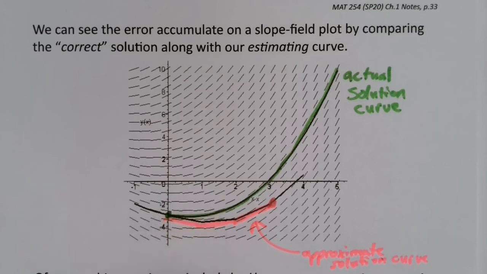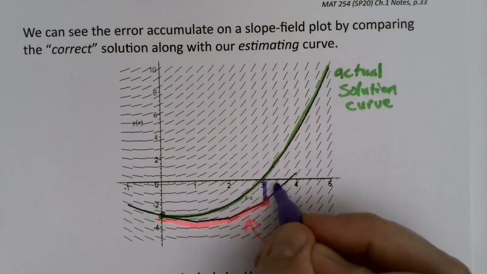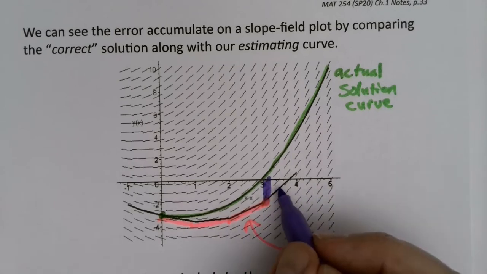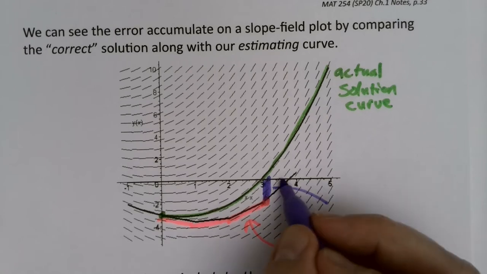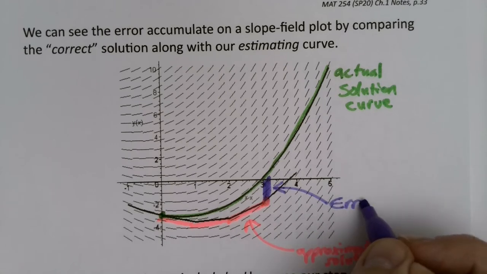So what we're trying to depict is that the difference between where the actual curve is and where the approximated solution is tells you something about the accumulated error. That's the error of approximation.